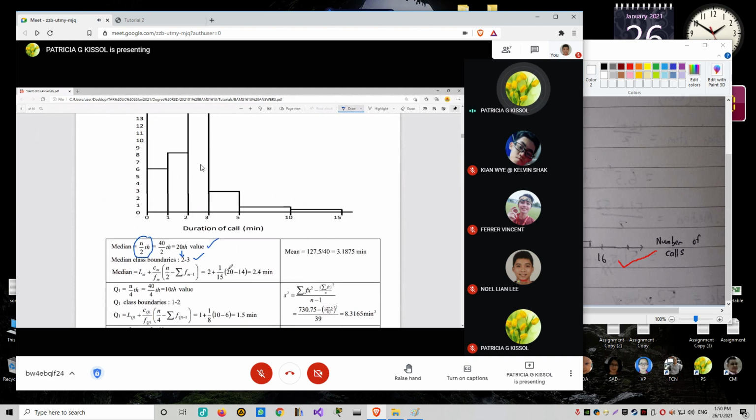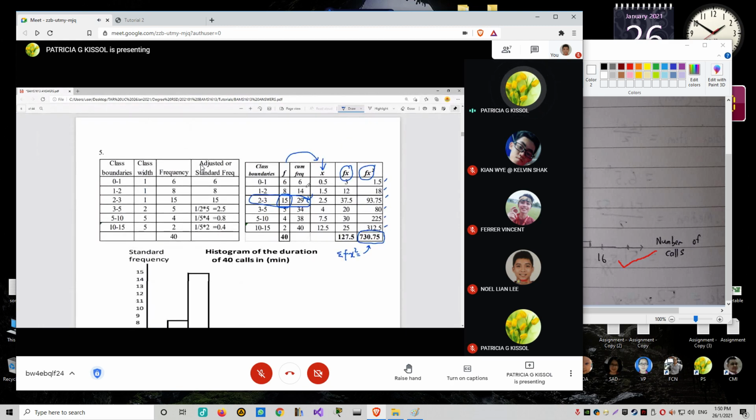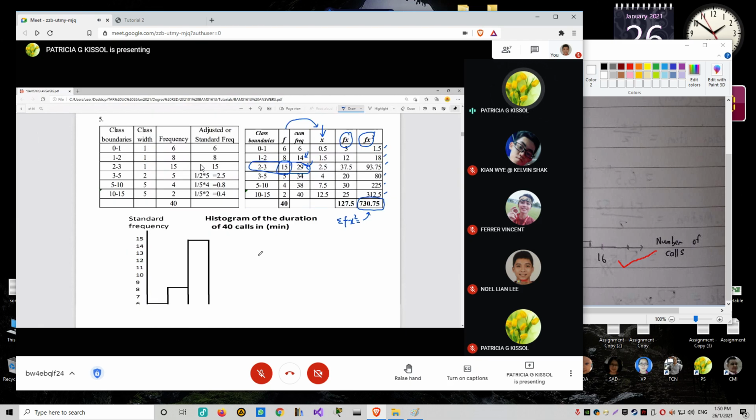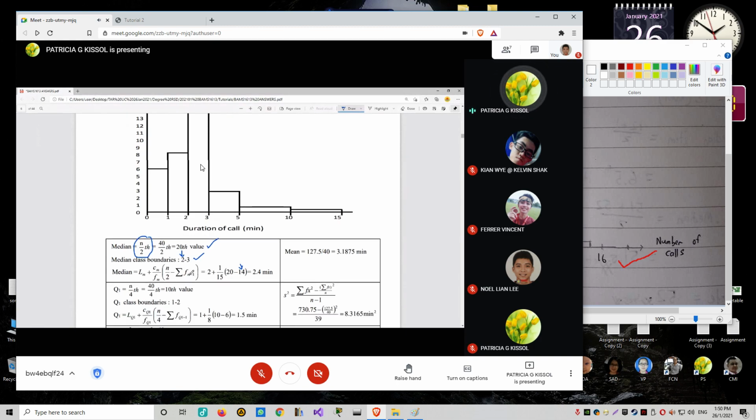And then 40 divided by 2, the n is 40, divided by 2, that's why you get 20, minus 14. Now, where do we get this value 14 from? Going back to the table, it's this value. That means if you have selected this as your median class, the value directly below it in the cumulative frequency is the value you put into this formula, the summation fm minus 1.